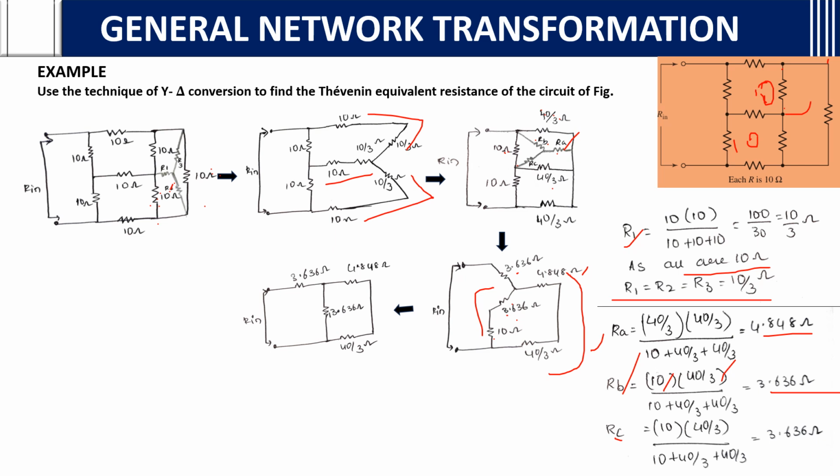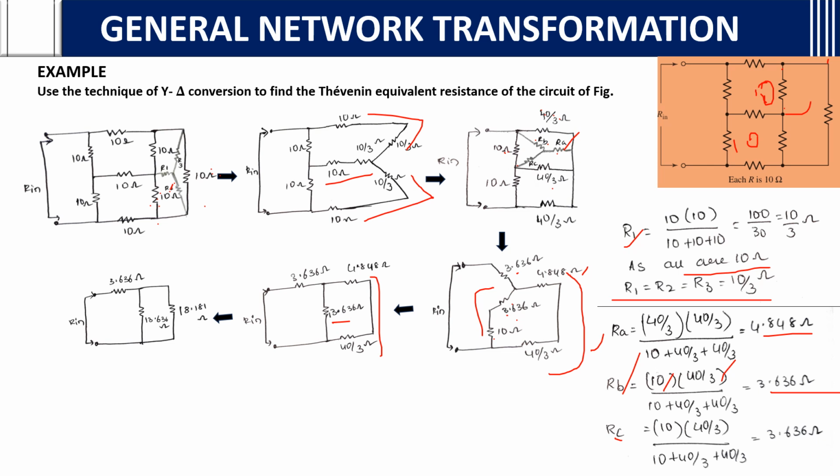After adding up, what will you get? This 3.636 is there, and this is in series, so we added up, we got 13.636. As these two are also in series, they are added up in the next step. If these two are added up, you'll get 18.181, that is 40 by 3 and 4.848.